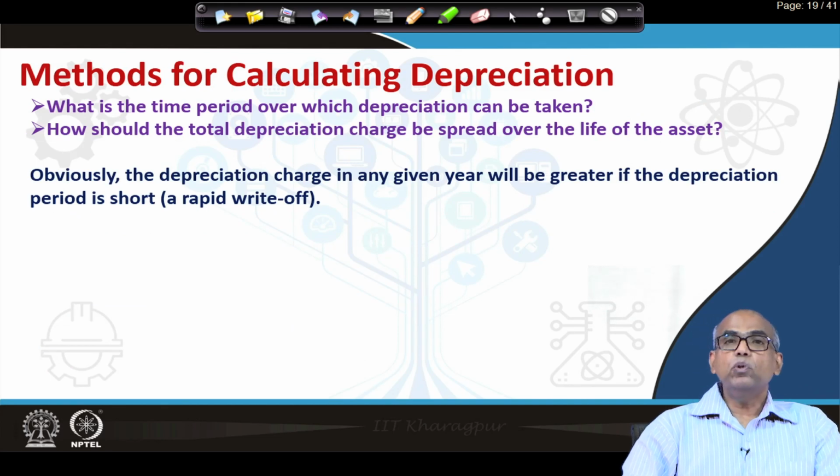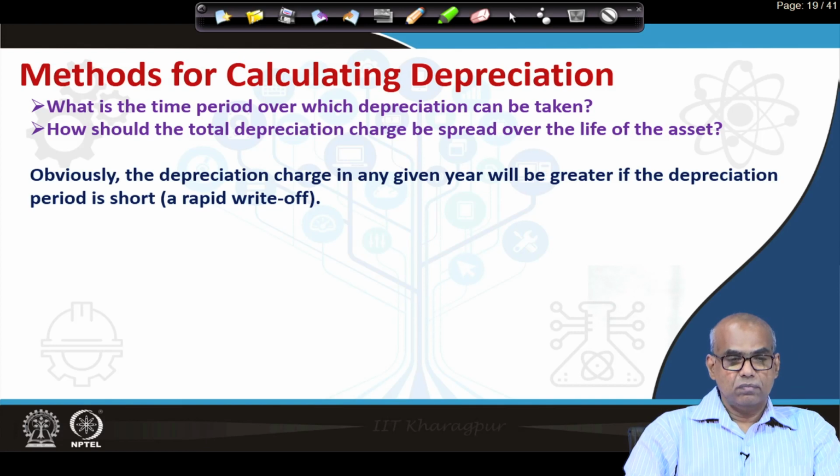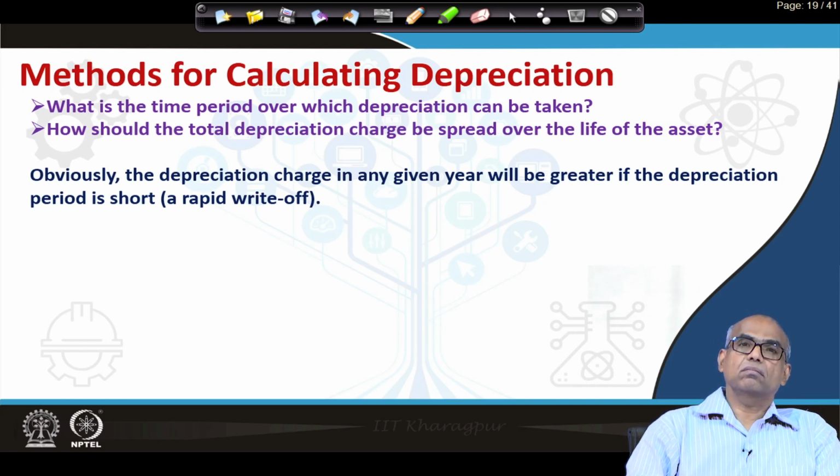Now, how to compute depreciation? Two basic questions are important about depreciation. One, what is the time period over which depreciation can be taken? We are talking about recovery period here. Second, how should the total depreciation charge be spread over the life of the asset?